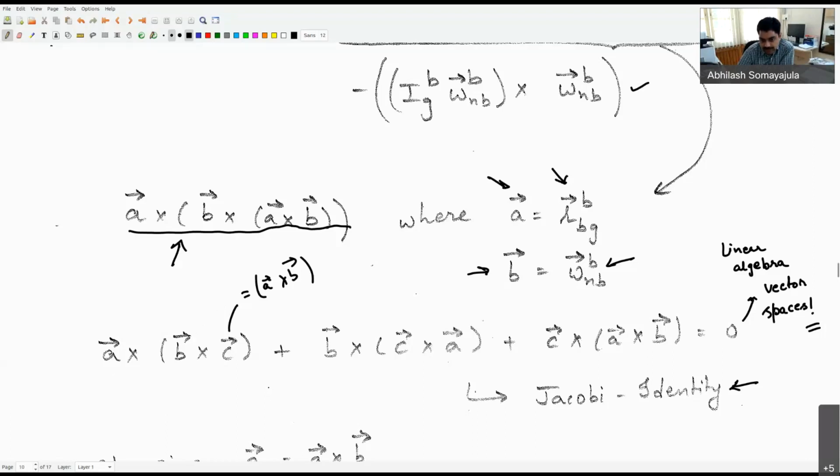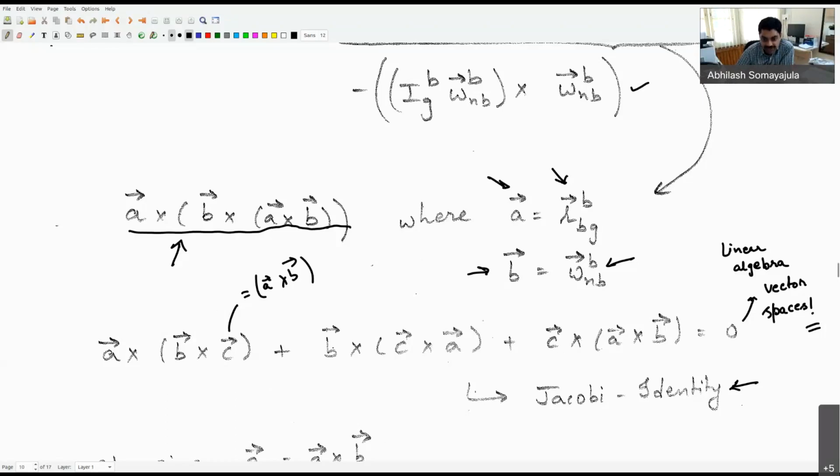The third term, sir. The third term will become 0, right? A cross B times A cross B. Because if I take a cross product of the vector with itself, we know that that will be 0. Is everybody with me? Yes, sir.